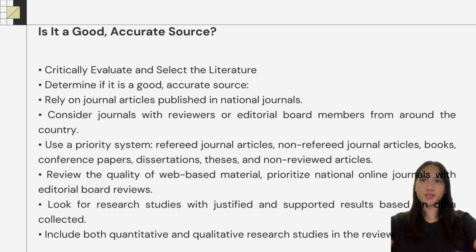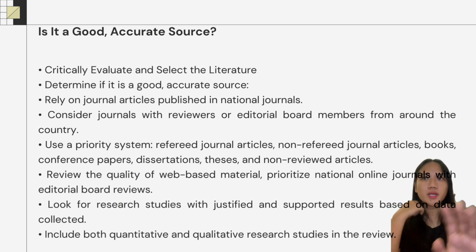Is it a good, accurate source? The use of articles from national journals is important because they undergo a rigorous peer review process, ensuring the credibility and validity of the research. So this helps researchers to enhance the credibility of their own work.